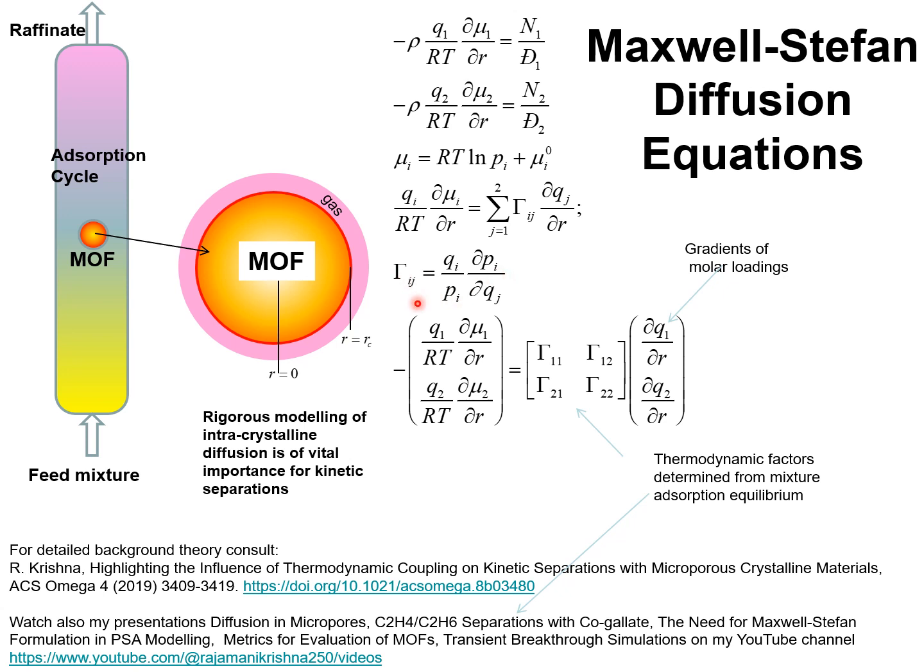These thermodynamic correction factors gamma ij can be determined from expressions that describe the mixture adsorption equilibrium, typically the ideal adsorbed solution theory.